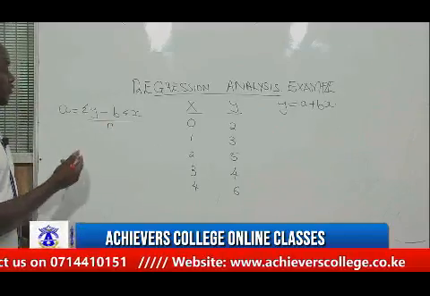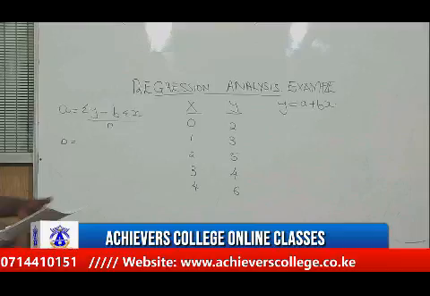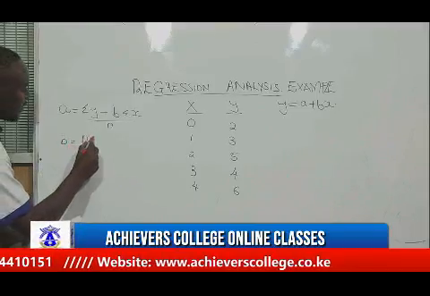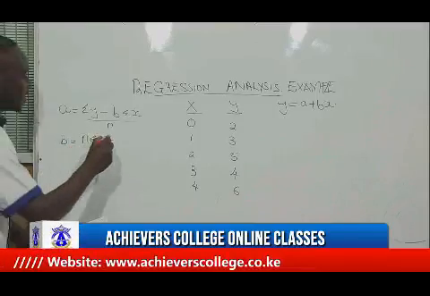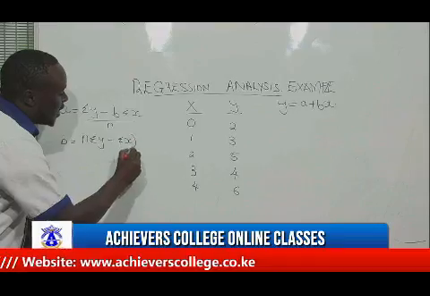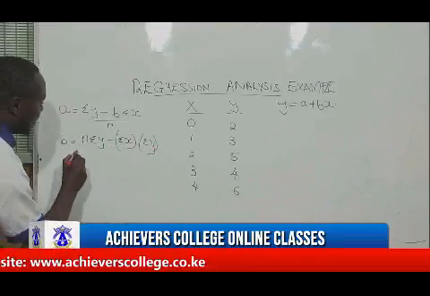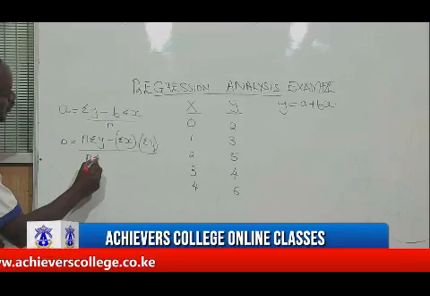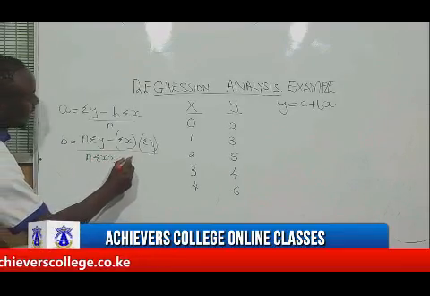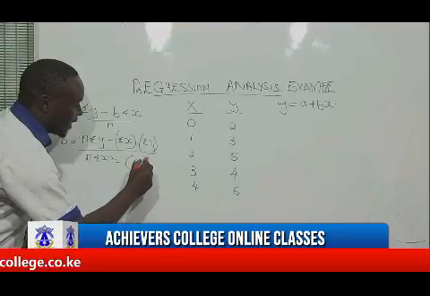For you to get your b, b equals n summation of xy minus the summation of x into the summation of y, divided by n summation of x squared minus the summation of x, all squared.